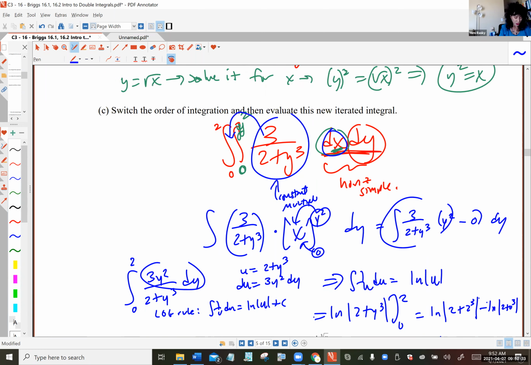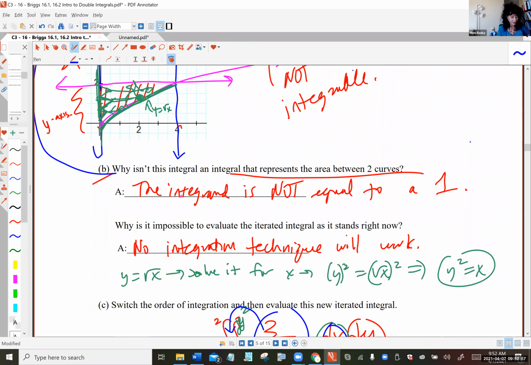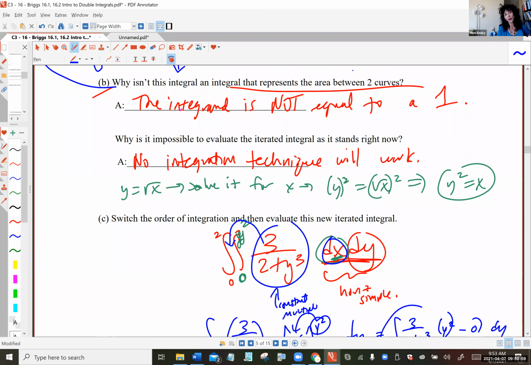Okay, so to recap, this problem is pretty key to helping you study for the weekend's quiz, as well as exam 3, exam 4, and the final. Why? Because we had to do another one of those sketching region things again, which is key. If you just follow my lead and write down your equations to graph and then shade in the region bounded by all 4 graphs, then we noticed that we couldn't integrate it with the given order of integration.